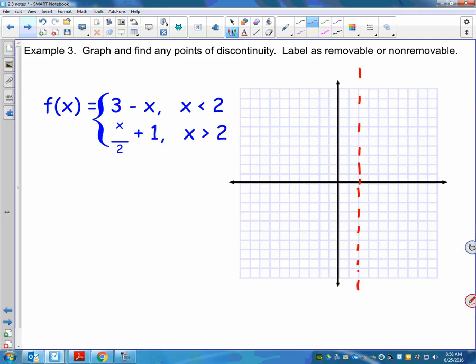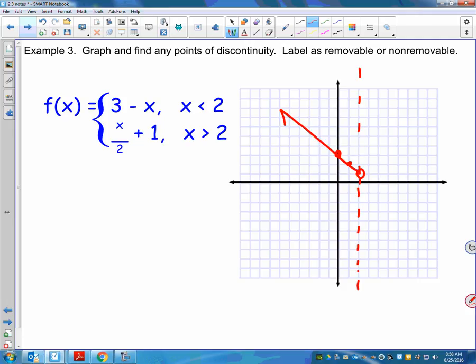I'm going to draw that one in there to help me, right? You don't have to do it, but it helps me quickly. So when x is less than 2, 3 minus x, you can just make an xy chart. I hope that you feel pretty good with slope-intercept form, that you could go up here to 3. It has a slope of negative 1. You go down 1, over 1, down 1, over 1.